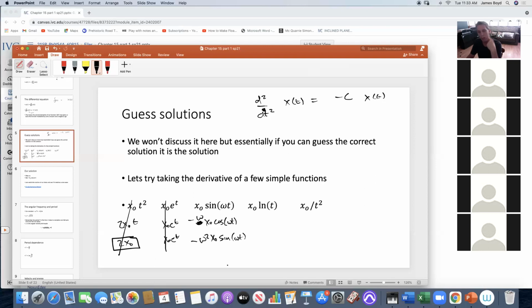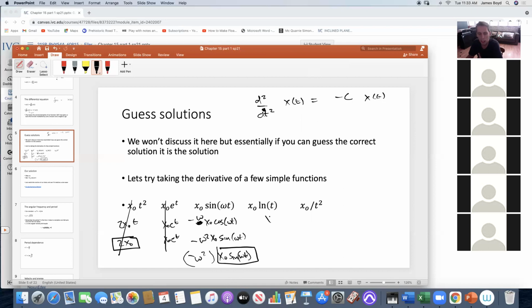The derivative of cosine of omega t is negative omega sine omega t. So this gives us negative omega squared times our original function. And we have a winner. This is negative times our constant. Our constant is omega squared. And this is our original function back.